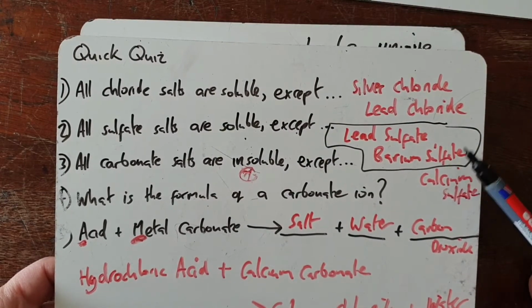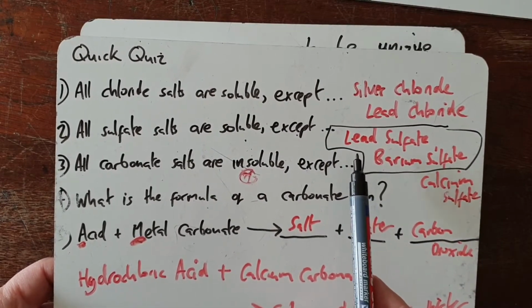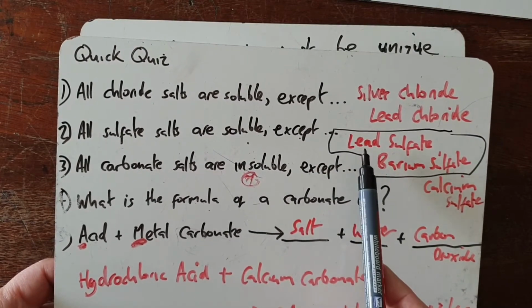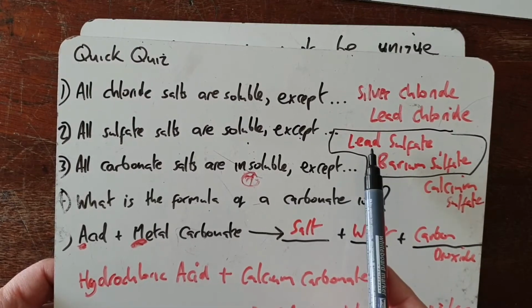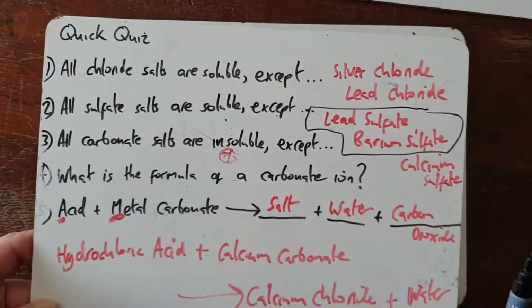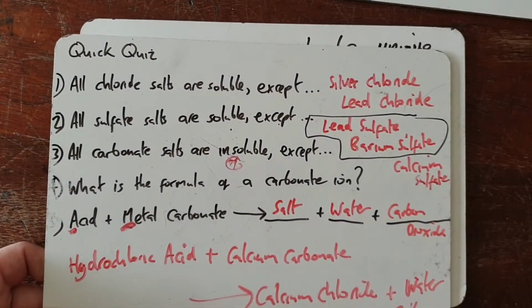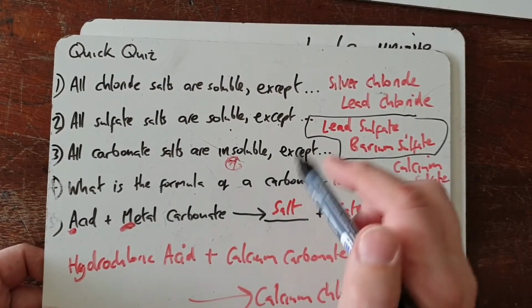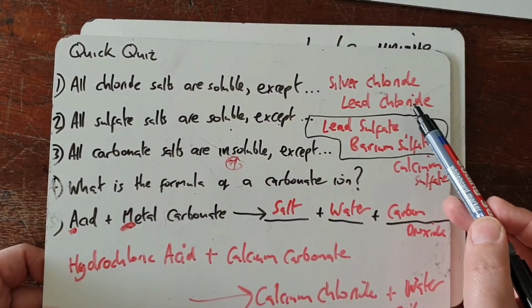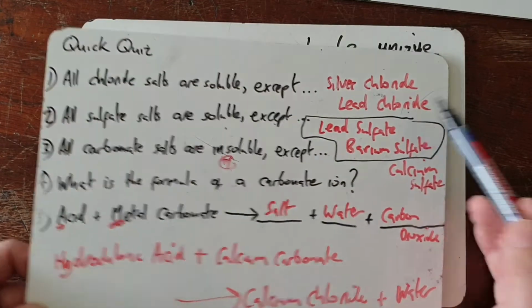So we could add a lead compound to our unknown substance. If there was sulfate in it, it will make lead sulfate, which is insoluble. But that's not a great test because it's not unique. Lead chloride is also insoluble.